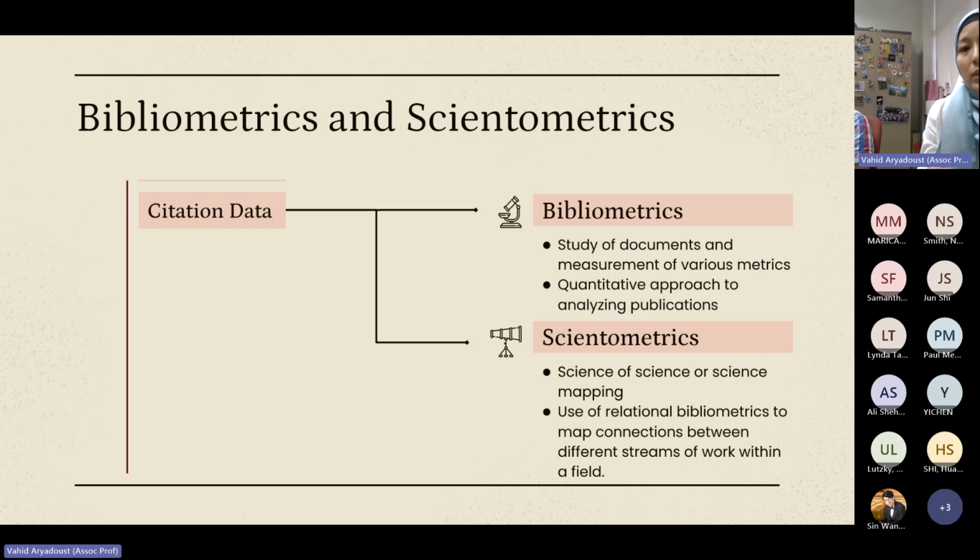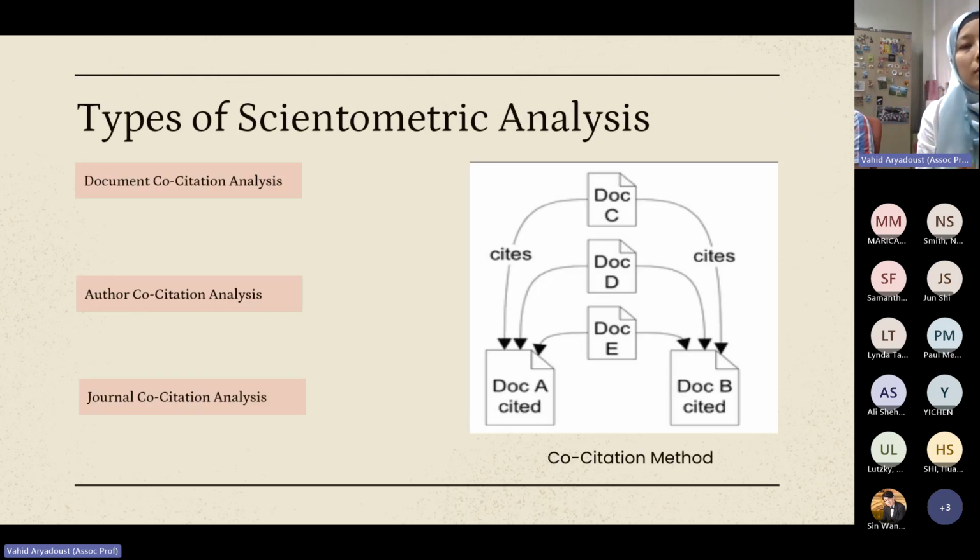So scientometrics focuses on science itself and how science can be mapped using relational bibliometrics to map these connections between the different streams of work within a huge field, for example. There are three main types of scientometric analyses.